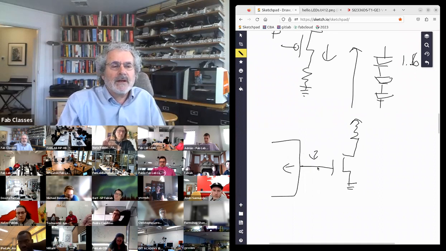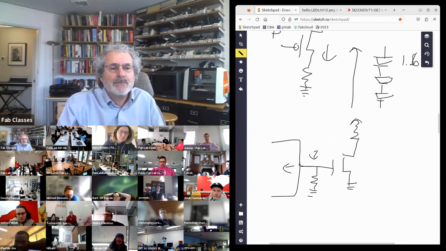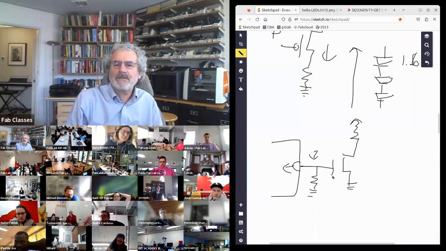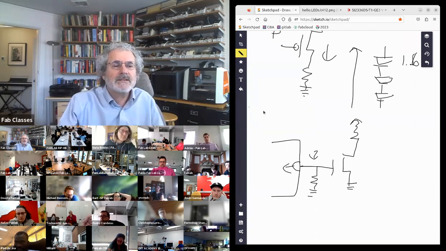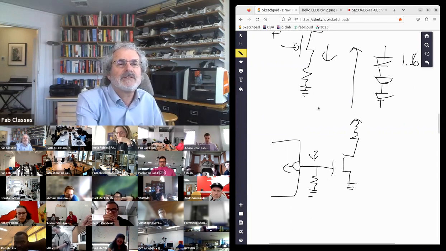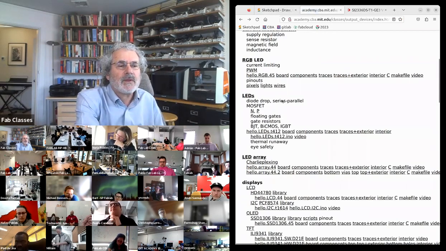A common thing is to have a pull down resistor here. What that's doing is, until you program the pin, it's keeping the transistor turned off. Then when the processor turns on, it can easily put a voltage over that resistor. So that's just a resistor to keep the transistor off until I need it.